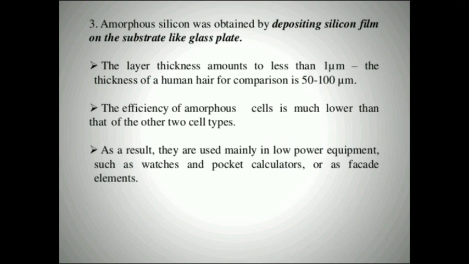The efficiency of the amorphous cell is much lower than that of the other two cells. As a result, they are used mainly in low power equipment such as watches and pocket calculators.